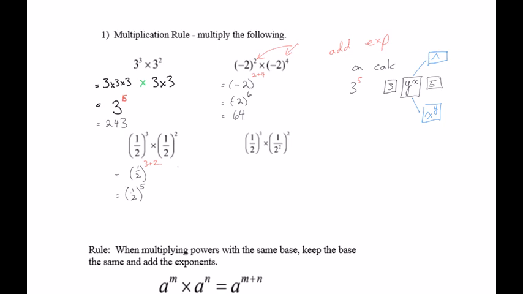Now, in order to do these calculations, if there's an exponent outside the bracket, you must apply the exponent to each of the numbers that's inside. So in this case, we're going to have 1 to the 5 on the top divided by 2 to the 5. 1 to the 5 is 1, and 2 to the 5 is 32, and you write it exactly like that.